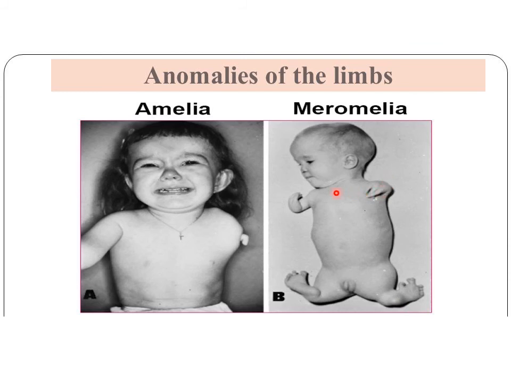Here there is absence of long bones, the humerus in the upper limb and the femur in the lower limb, and only the hands and feet are attached directly to the trunk. This is called meromelia or phocomelia.